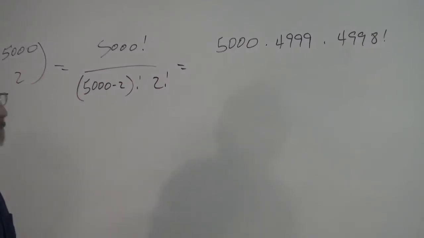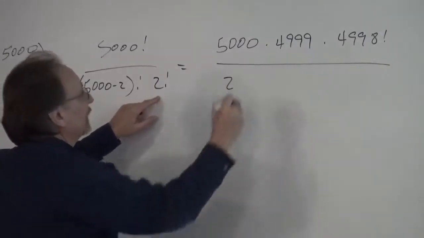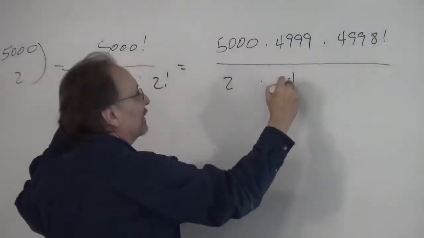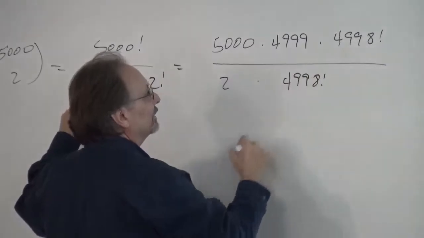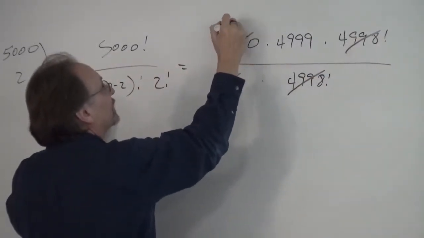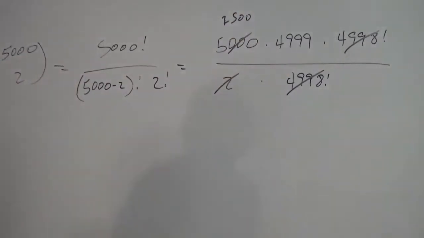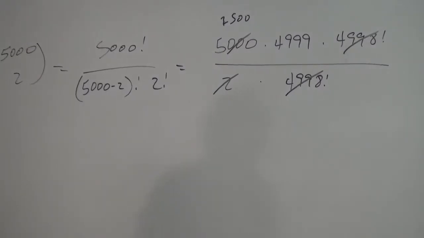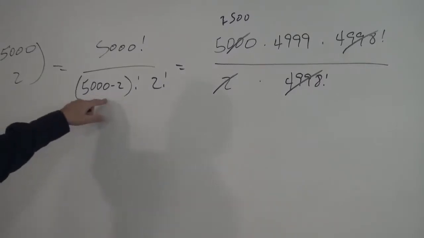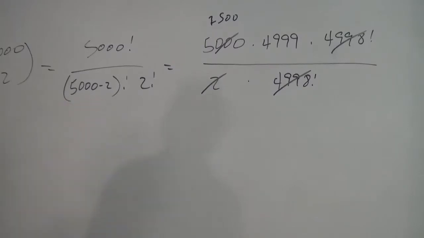And the bottom is 2 factorial, which is 2 times 4,998 factorial. So those cancel. The 5,000 over 2 reduces to 2,500, so you just do 2,500 times 4,999. Does that help? Is that a 2 factorial in the parentheses on the bottom, or just 5,000 minus 2? It's 5,000 minus 2, so that's 4,998 factorial. That's what you're trying to isolate.